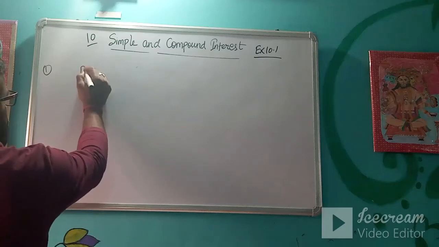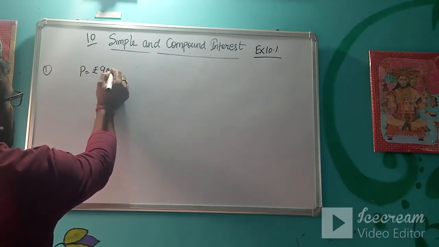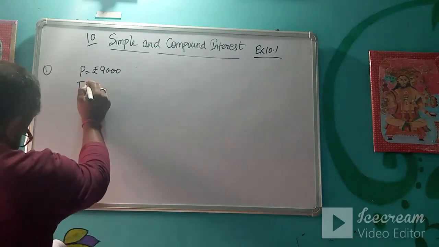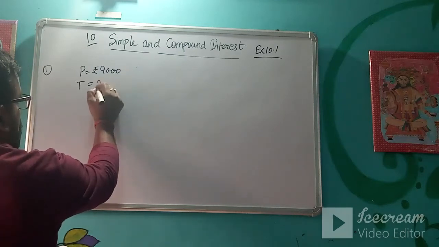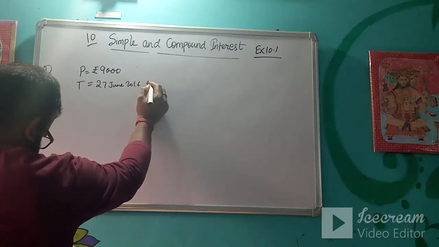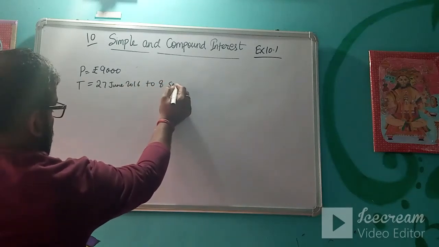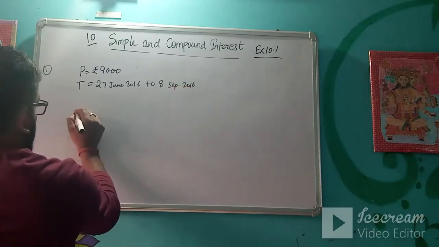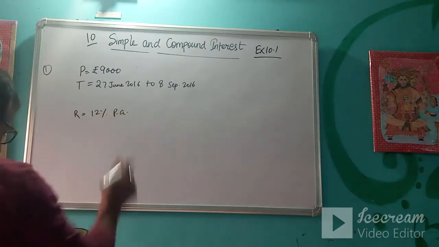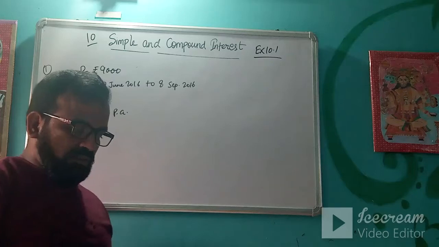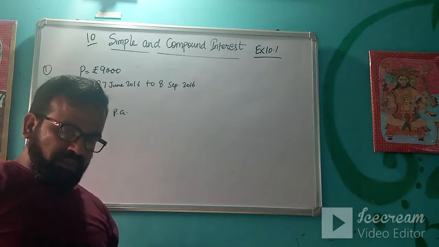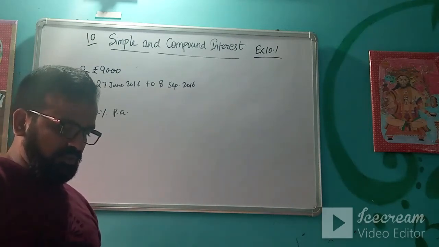So that means principal is rupees 9,000 and time is from 27 June 2016 to 8 September 2016. And the rate is 12% per annum. So he has taken the loan for this period at the rate of 12% per annum. Now if he wants to clear the account on 8th September, what amount does he have to pay?